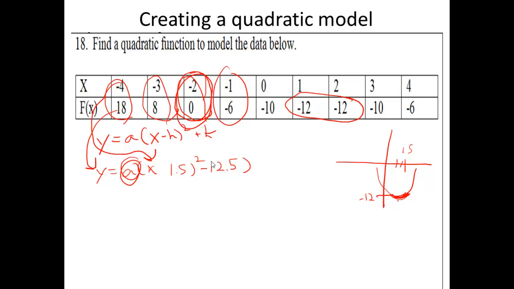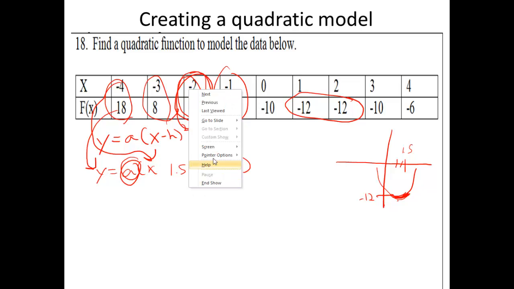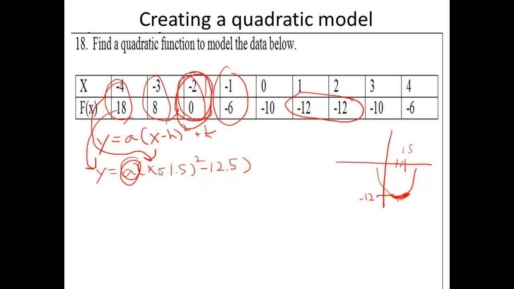And we'll try it again. Minus. All right. Again, we'll use the same point: 0 equals a times negative 2 minus 1.5 squared minus 12.5.